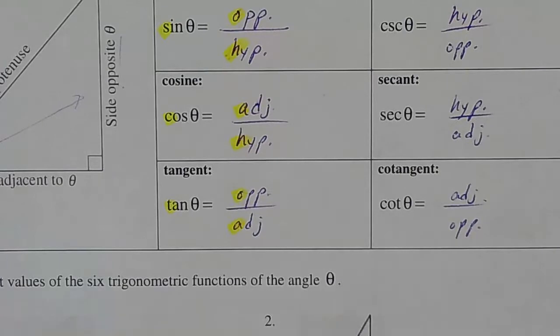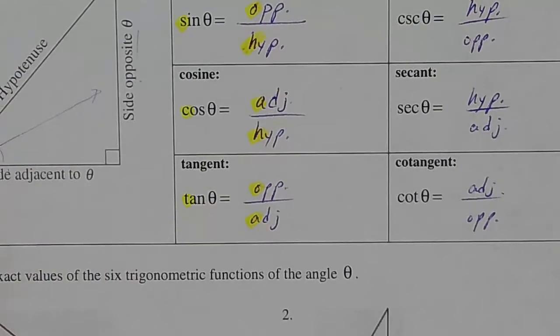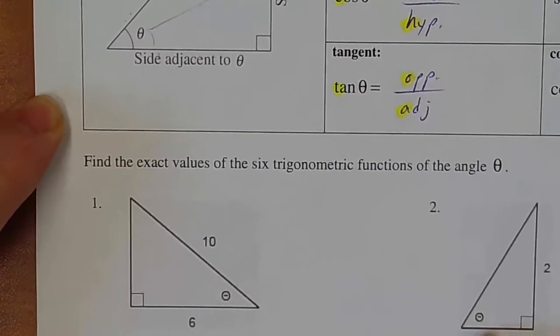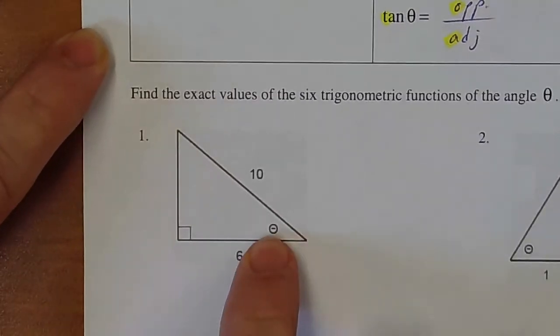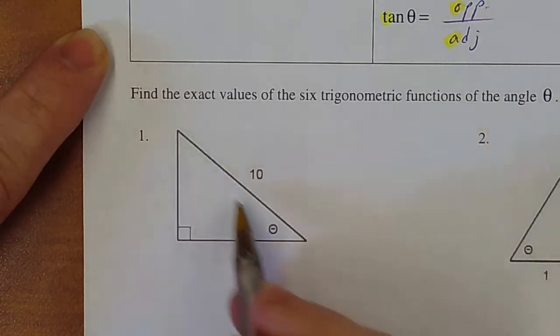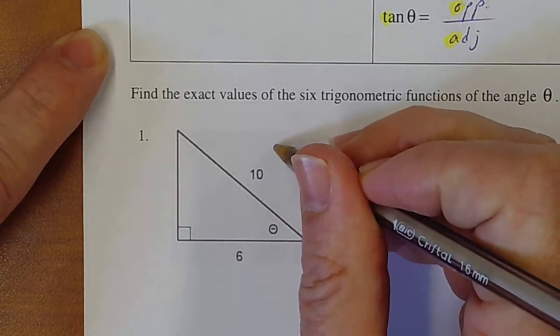All right, so number one, find the exact values of the 6 trig functions of the acute angle theta. So theta is marked here. As soon as they mark theta, the opposite, adjacent, and hypotenuse are established. No matter where they put theta, this has to be the hypotenuse side right here.